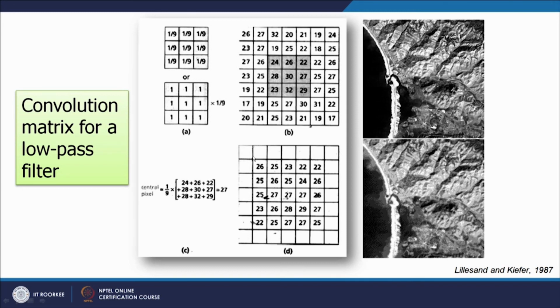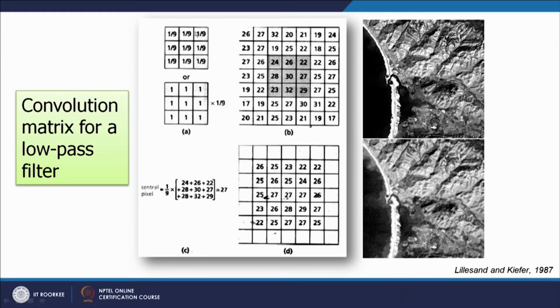This is how the calculation is done. On the edges nothing is done, and these are the results. Since this is a low pass filter, the high frequency features have been de-emphasized, whereas low frequency features have been highlighted, and this is what you see in the result image, which is a low pass.